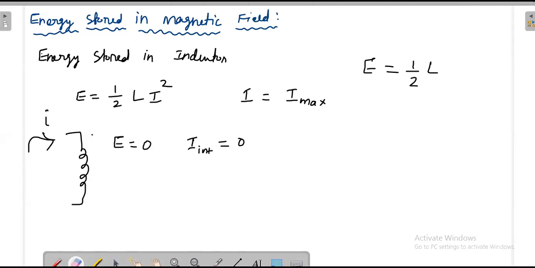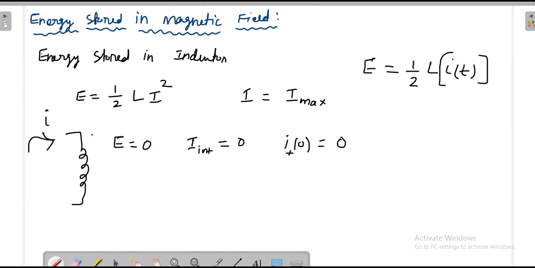When I equals 0, what is the meaning of that? Whenever there is an inductor and you connect the source, in the very beginning I is equal to 0 plus. Just after you connect the energy source to the inductor, the current will be 0.